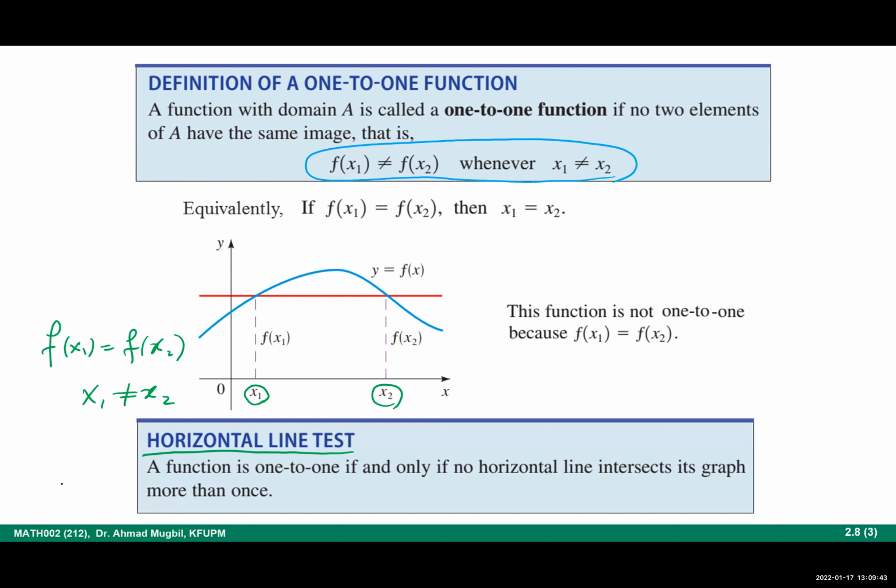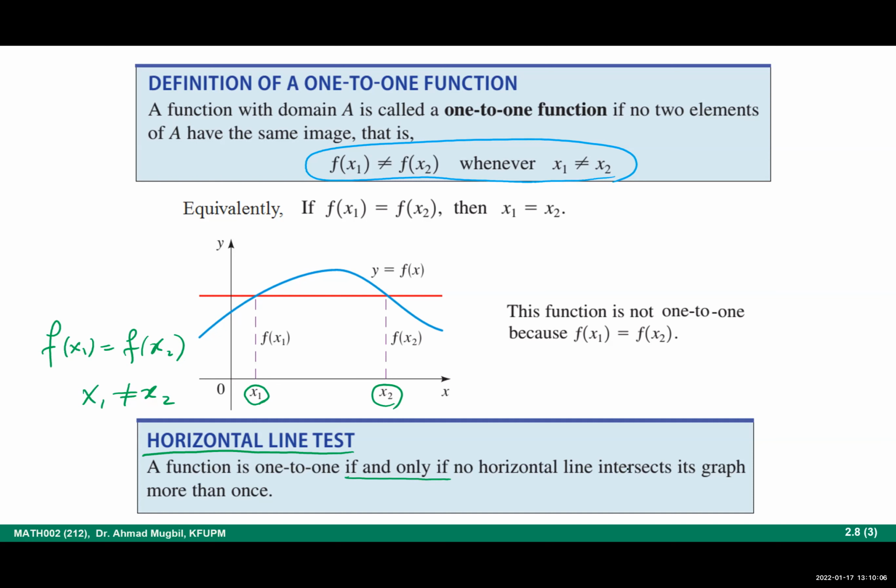What is it? This test says a function is one-to-one if and only if any horizontal line intersects its graph only one time. In other words, it is written here, a function is one-to-one if and only if no horizontal line intersects it more than once.